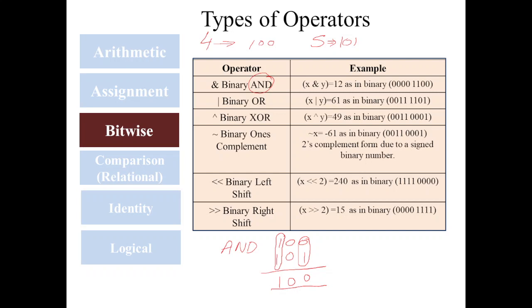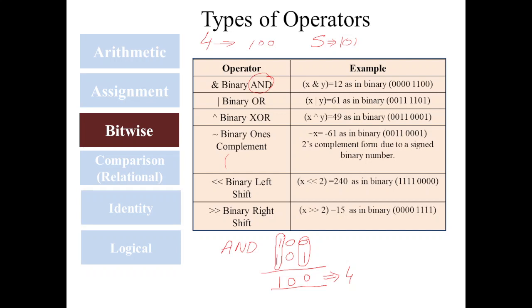And the answer will also be in decimal form, and its value will be equal to 4. So in this way we get confused about how the AND of 4 and 5 is equal to 4. In fact, this is performed on bits, which means if we want to understand it, first we convert the values into bits, then we perform the operation, and then we convert it back into decimal form.